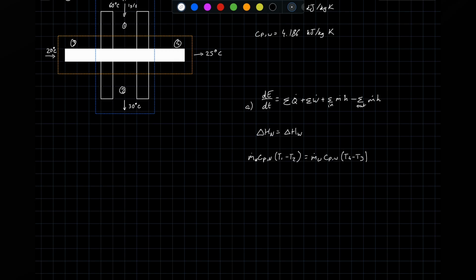And now it's just a case of plugging in the numbers, so we have 1 times 1.040 times 60 minus 30, and here you're asking, oh, but why didn't you convert to Kelvin?